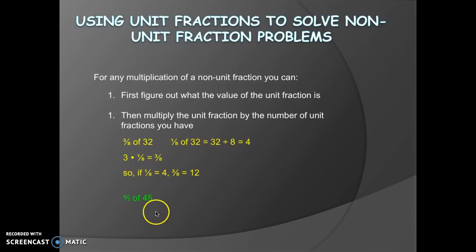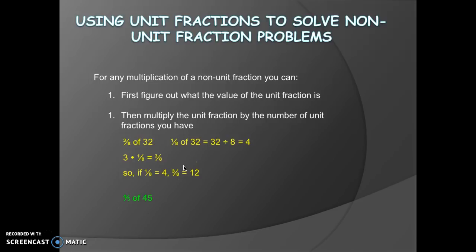Look at 4/5 of 45. Well, let's ask ourselves, what is 1/5? A fifth of 45. 45 divided into 5 equal parts. There would be 9 items in each equal part.